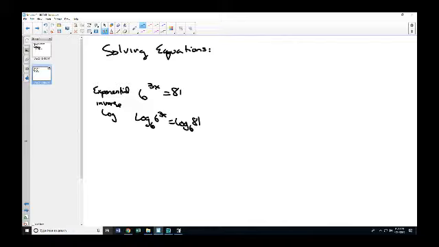Right, logarithm is a function, so you're doing a function to each side. So these two would actually go, right? 3x, and then what is log base 6 of 81? So it gets rid of the exponential, right? Log base 6 of 81 is 2.452.